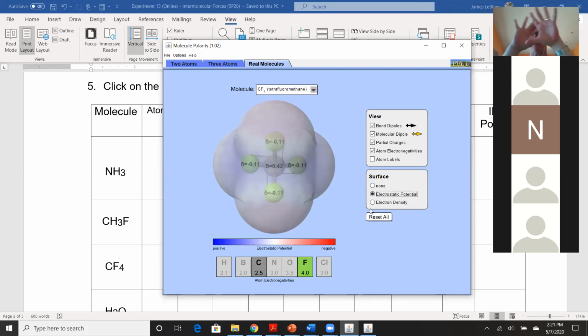We're looking at the surface of the molecule, and the carbon isn't on the surface. It's the fluorines that are on the surface, and they all have the same charge. So the potential difference from one side to the other is 0. So this is a non-polar molecule. It's got 4 polar bonds, but since they're all pointing in opposite directions, when you add them all up, you get 0 as far as polarity goes.